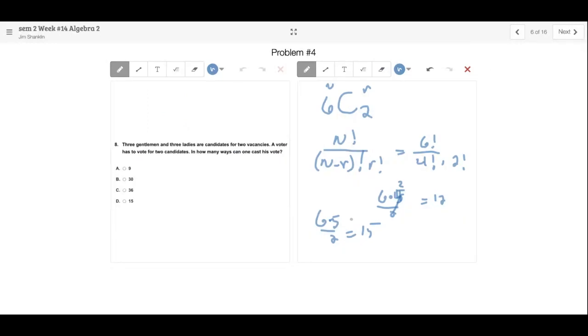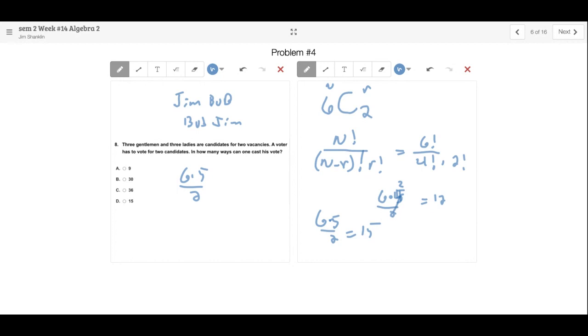Yeah, so order did not matter in this problem, because it doesn't matter if you elected Jim and Bob, or Bob and Jim, they're both elected. It didn't matter which order you had them. So you could have done it 6 times 5 divided by 2, because that would be your overlaps. There'd be the 2 overlaps.